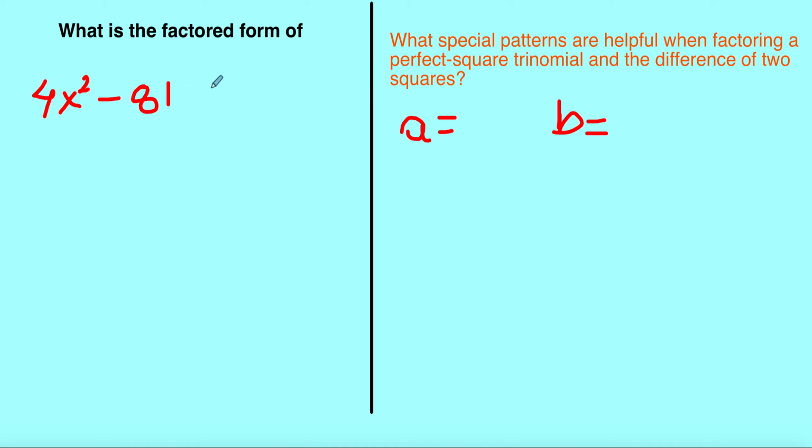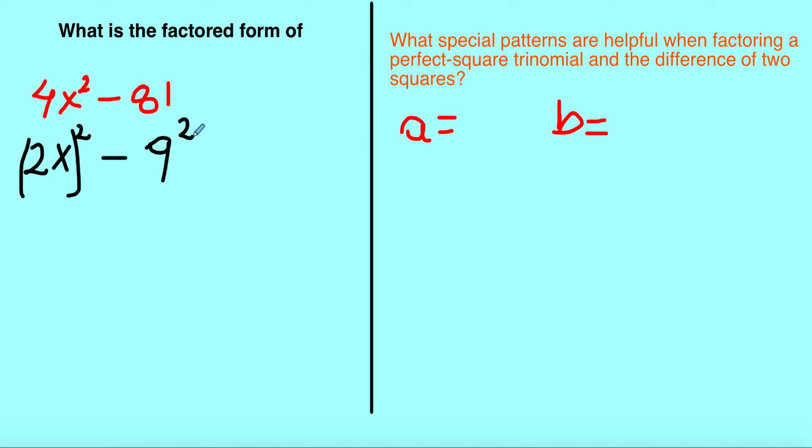Let's see, 4x squared we can write as 2x squared, right? So the first term, 2x squared here. And the last term is going to be 9 squared, right? 9 times 9 is 81. So 9 squared.